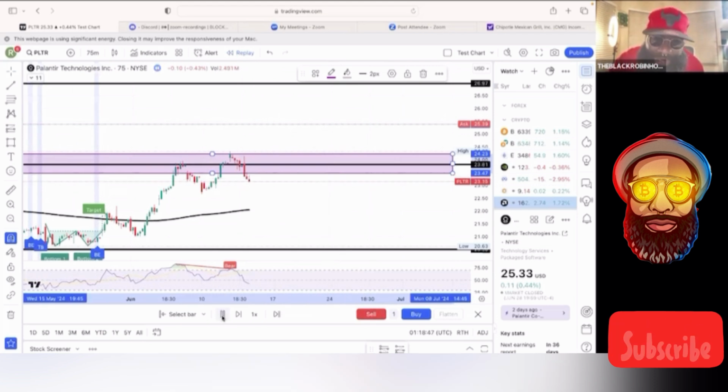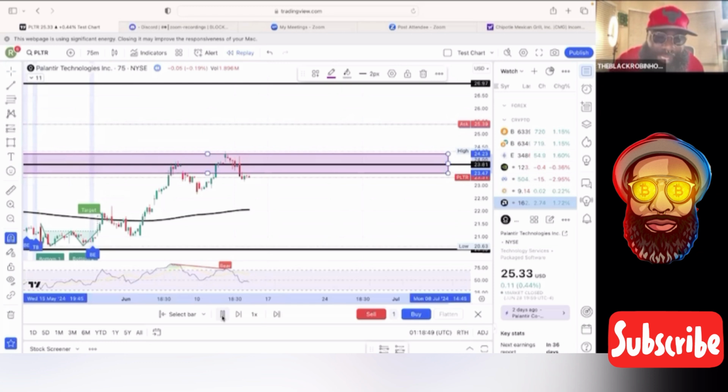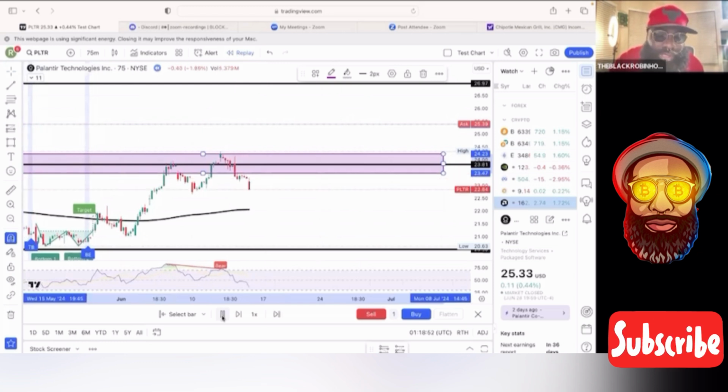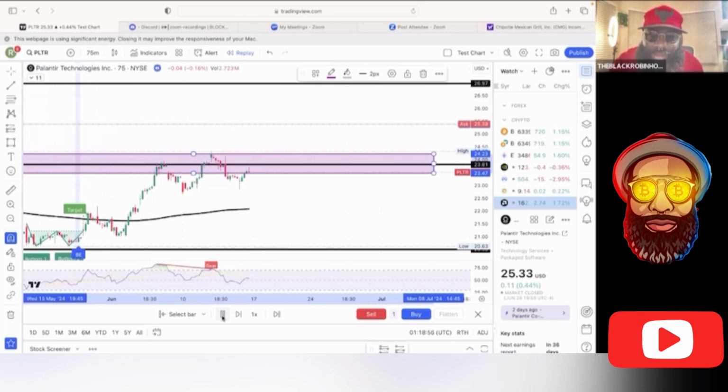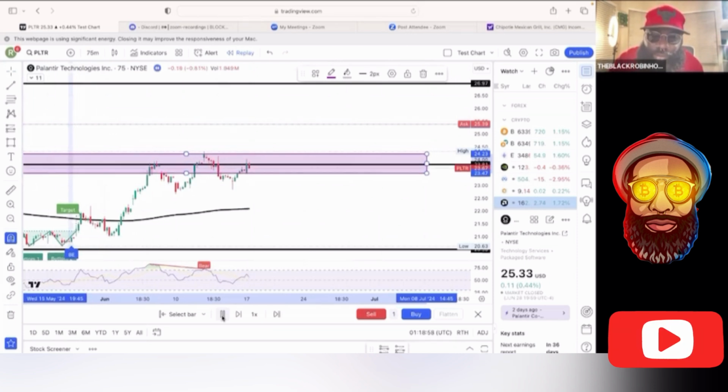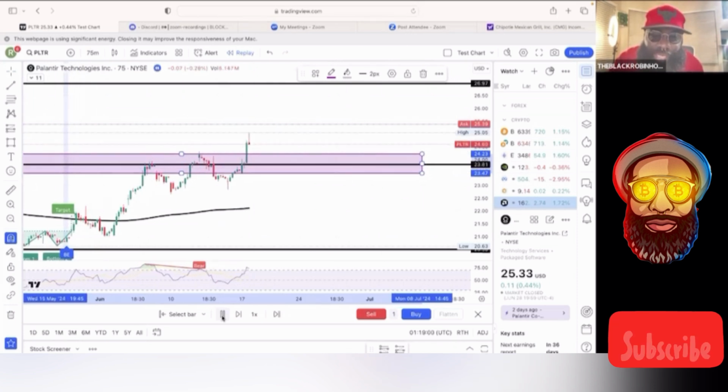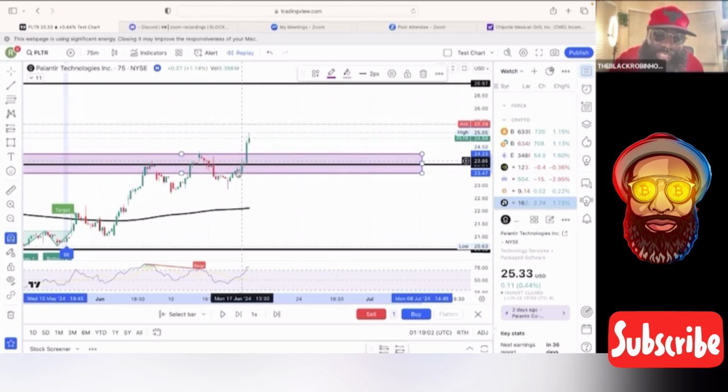So if you're trading, you're not doing anything. You're not buying, you're not selling, you're just watching because it's not in your zone yet. Here, you missed it, right? Because you wouldn't have gotten in here on a buy, because you would be buying into resistance, and you don't want to buy into resistance.